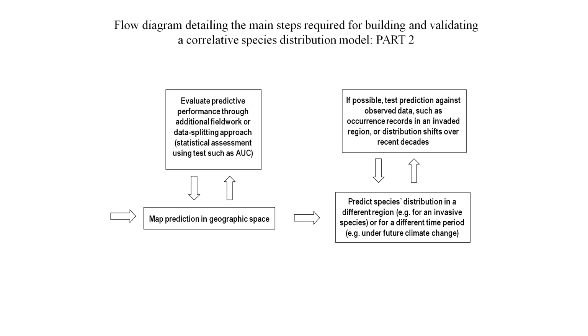So you build the model for South Africa and then you project it to California. So you might be predicting in a different region, or you might be predicting in a different time period. Like you might be asking, where's this niche going to be geographically in, say, 50 years' time? But it's the same fundamental model. It's just that you're applying it in space or in time.